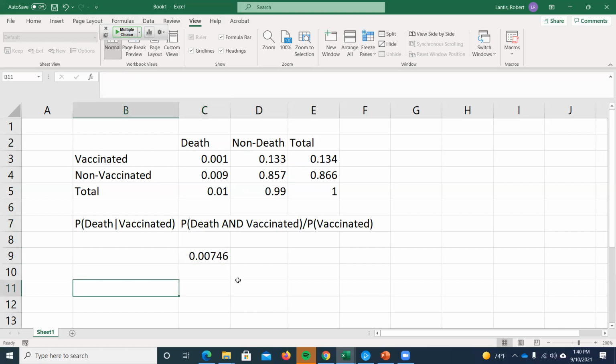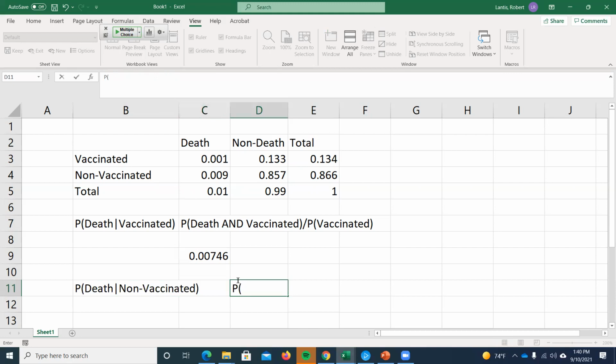We could also ask, given that someone's contracted COVID, what's the probability they die given that they are non-vaccinated? I could rewrite this as the intersection of those two events divided by the probability of what I'm conditioned on, which is that they're non-vaccinated.